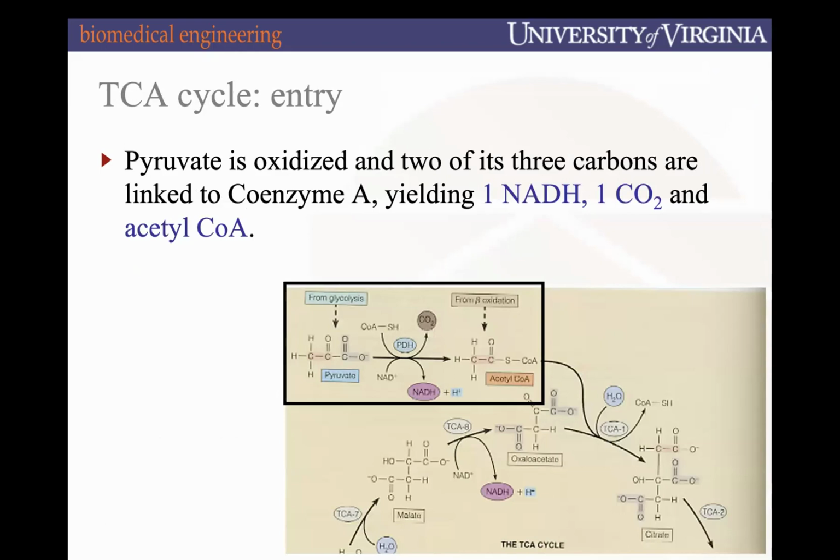So again, the entry point for the TCA cycle requires pyruvate being oxidized into acetyl-CoA. This is going to yield our first NADH. It's also going to yield the first carbon dioxide for the tricarboxylic acid cycle, the TCA cycle.